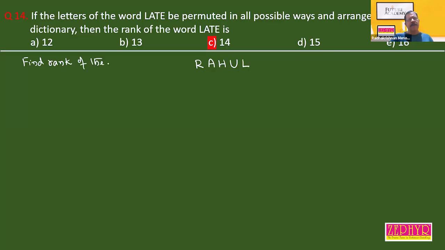Who can give me? Dictionary order, arrange the letters. First letter is A. Second letter is H. Now L, R, U.